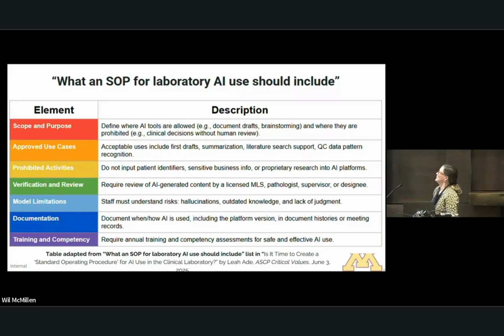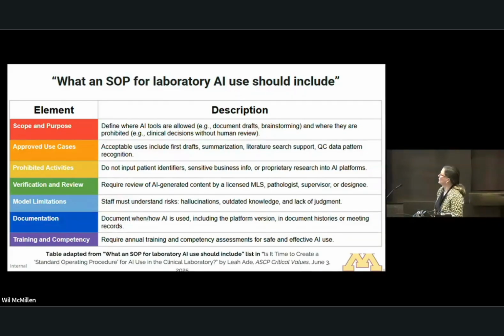What is an SOP, a standard operating procedure? This is from a recent edition of ASCP's Critical Values, but we are seeing this need increasingly, where we need to have a structured approach with outlined SOPs about the appropriate use, change management, et cetera, applied to AI in a similar way as we would for an IHC stain or for a laboratory assay.